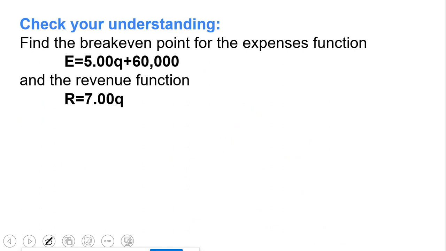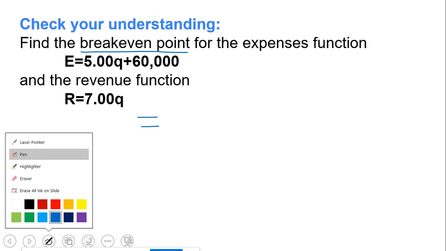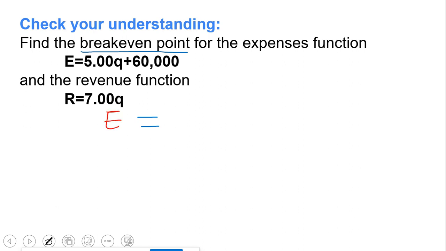Check your understanding. Find the break-even point for these two functions. We've got the expenses is 5.00Q plus 60,000, and revenue is 7.00Q. If we want to find the break-even point, that means we have to set them equal, right? Maybe I set my expense function equal to my revenue function, which means this is 7.00Q if I just substitute it in.